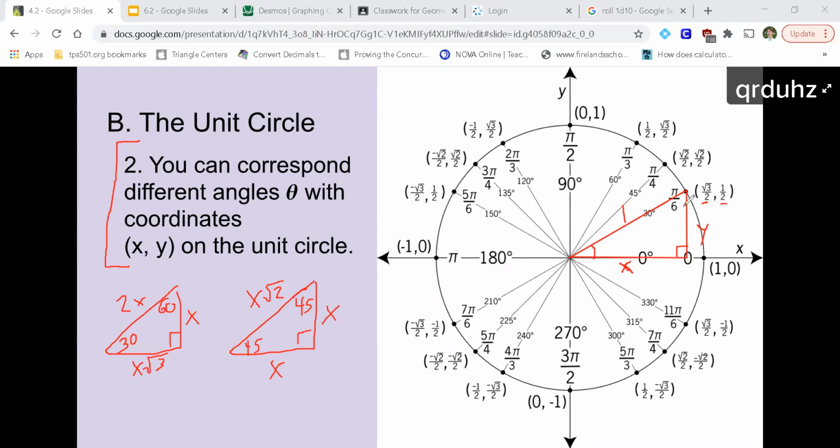If we say our hypotenuse is 1 for the 30, 60, 90 triangle, then x would be a half, which is why the y value of this side is a half. And the x value for this side would be square root of 3 times a half, or square root of 3 over 2.